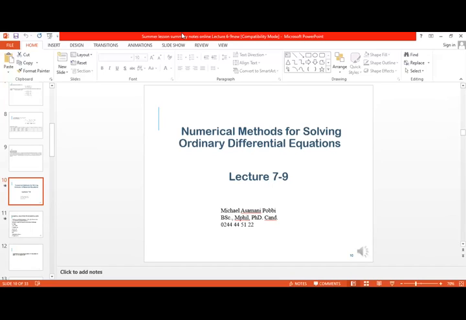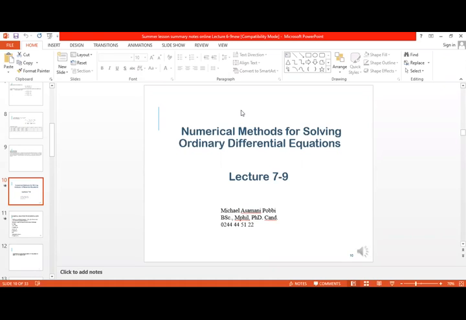on the solutions to systems of linear equations. Now I'm going to begin with a new topic altogether, that is solutions to ordinary differential equations, okay? Specifically boundary problems, okay?